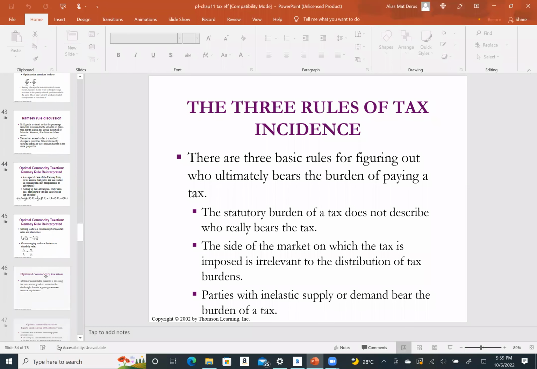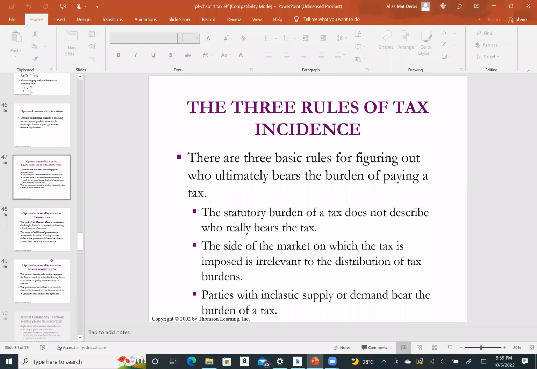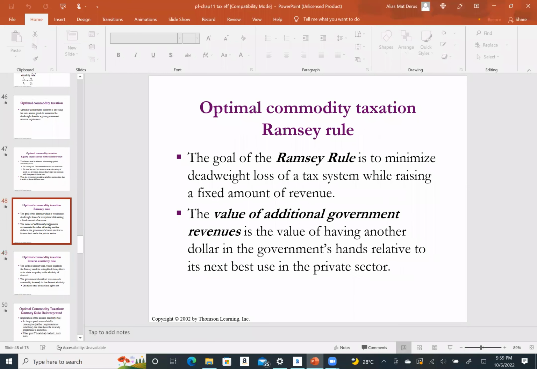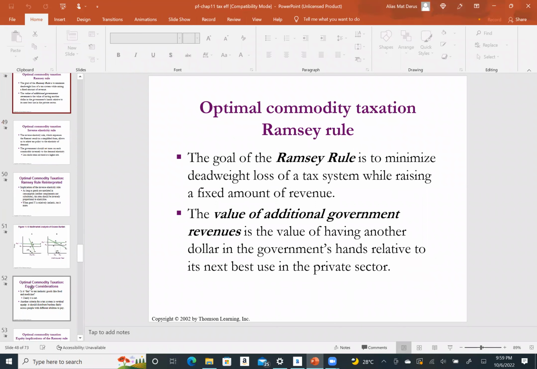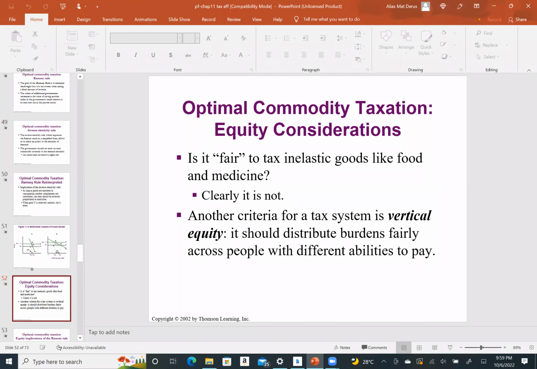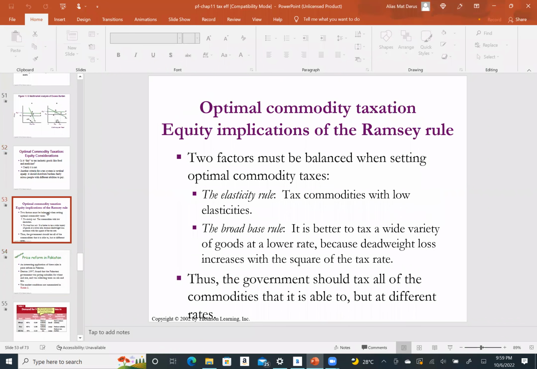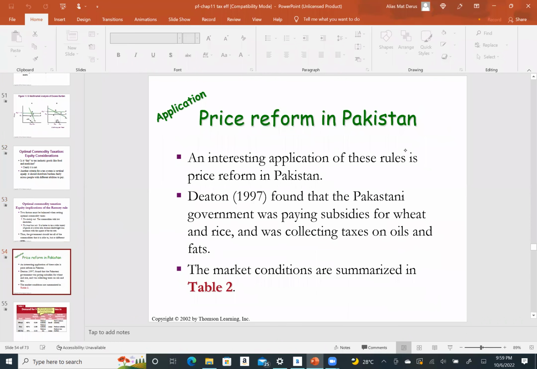So I'm going to show you one study based on this. This study was done on Pakistan. It is not a new study, it was done many years ago, in 1997.